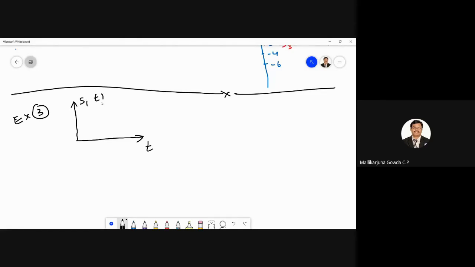This is S1 of t. Okay, and another signal. This is S2 of t. Okay, and one more signal I have. This is my S3 of t.